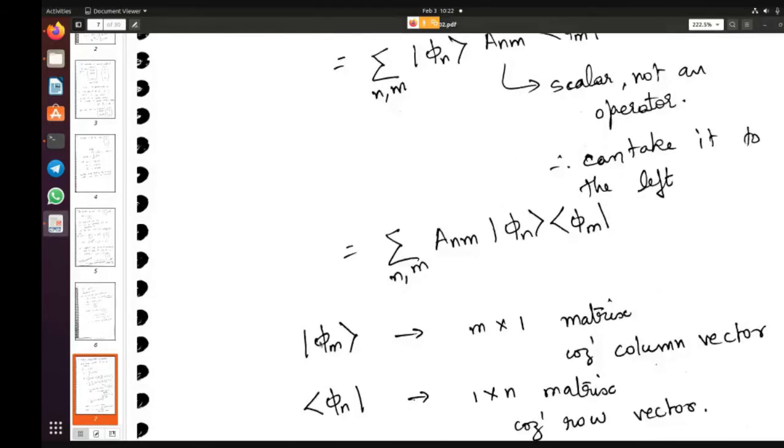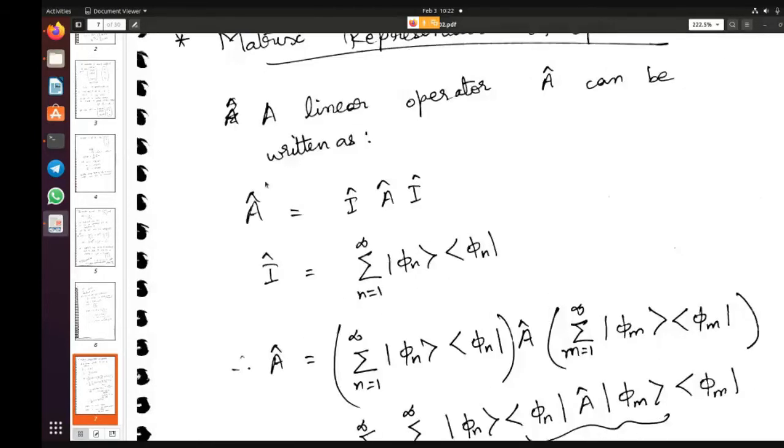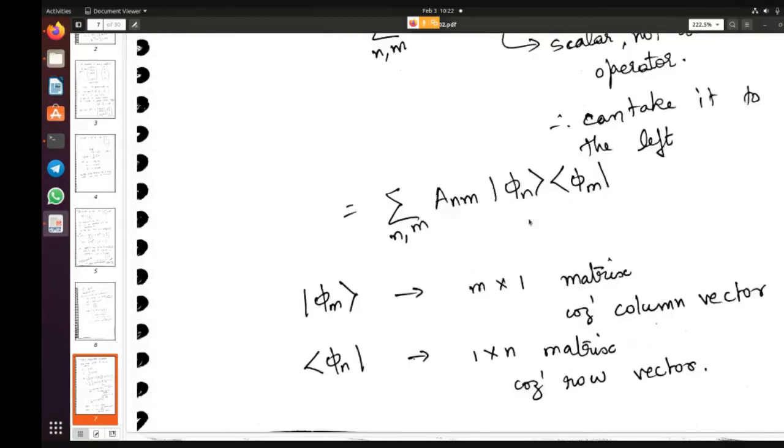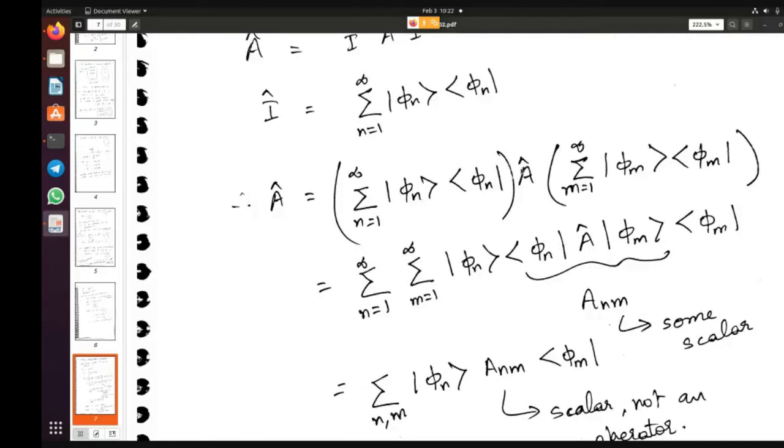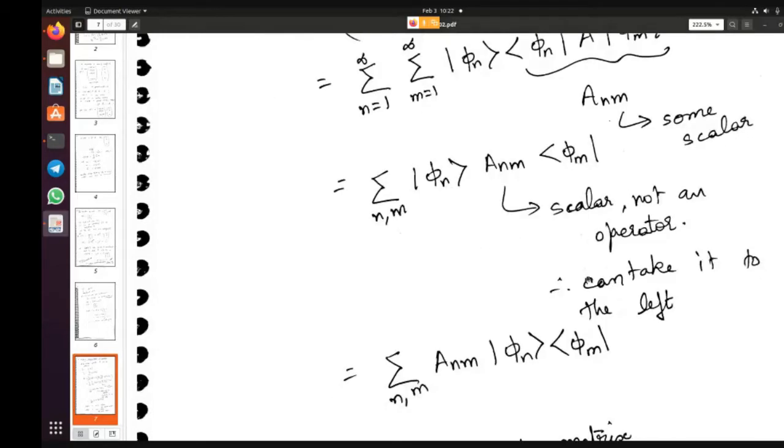So this operator A now becomes the summation over n and m of A n m, ket phi n multiplied with bra phi m. This is done very easily by using the identity or the unit operator. You multiply A with the unit operator on both sides, and this is what you get.